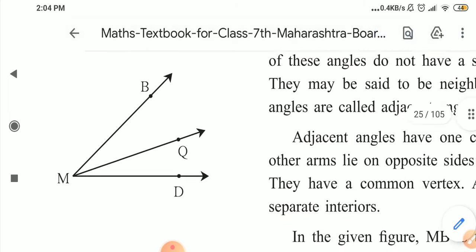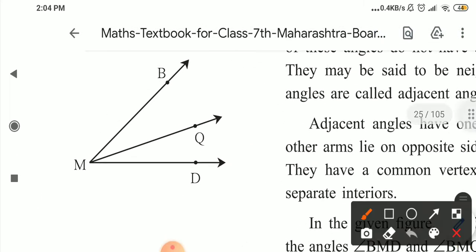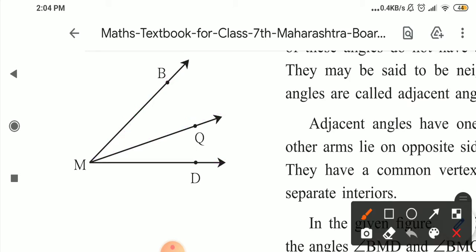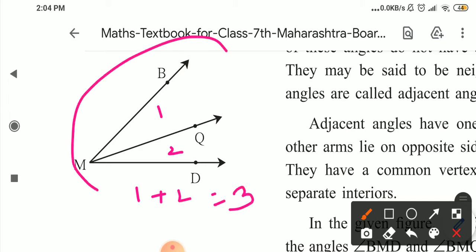So if you see here, it is one angle, angle BMD, and here one ray is drawn from the vertex of the angle, MQ. And if we draw this, how many angles are there inside? Here we are writing 1, here writing 2. So 1 plus 2 is equal to 3. So total how many angles are there here? Here 3 angles are there.